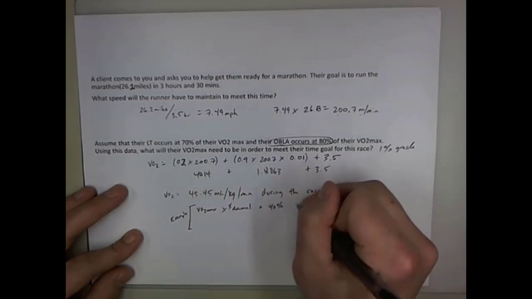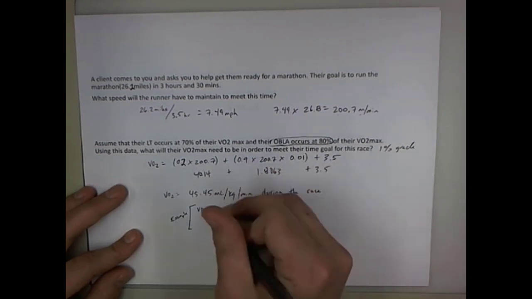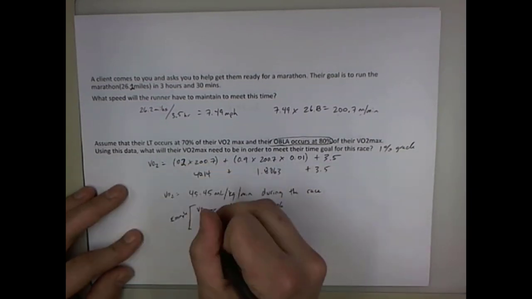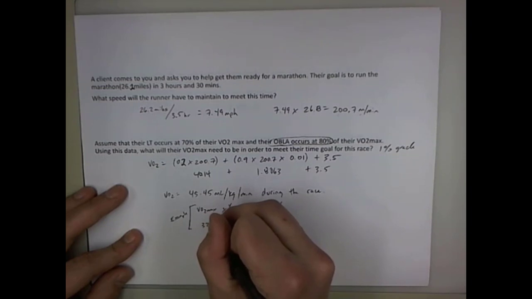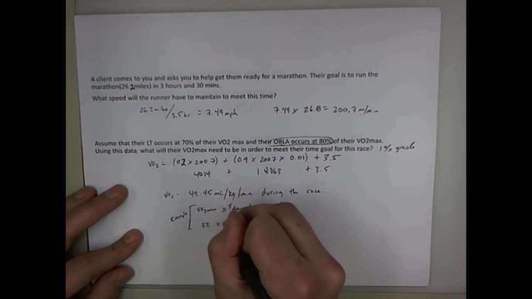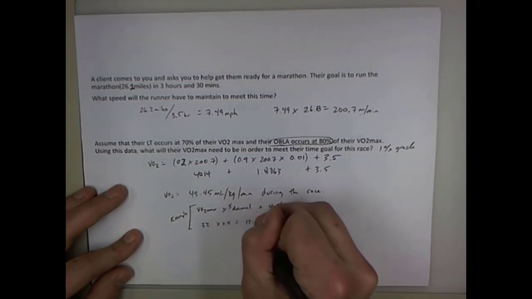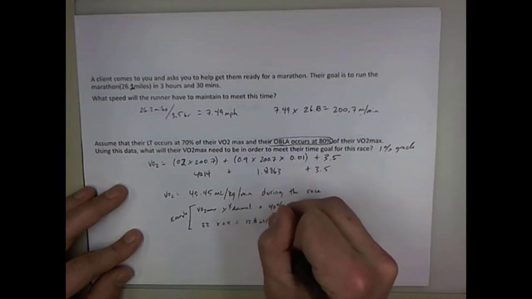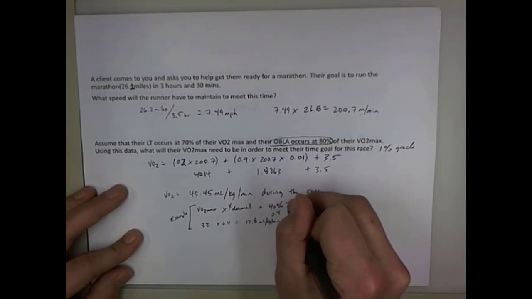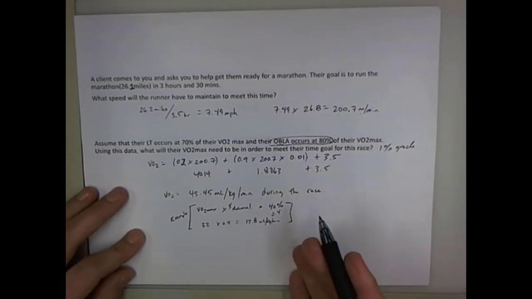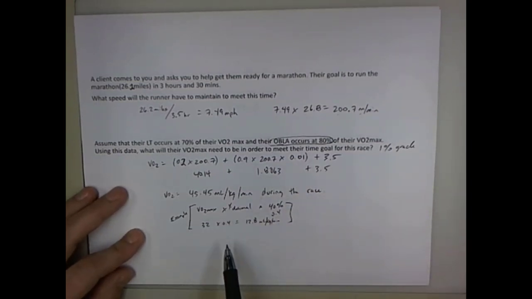Again, 40% equals 0.4 as a decimal. In that earlier example, 32 mils per kg was our max, times 0.4 equals 12.8 mils per kg. So based on that example, all we need to do is plug in the reverse.